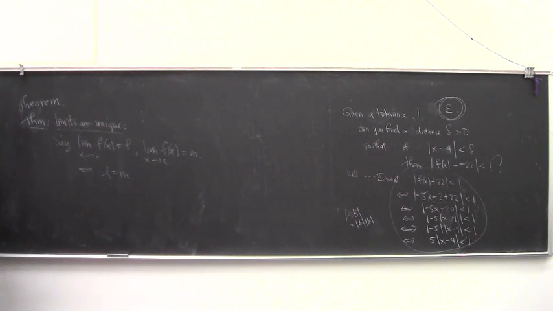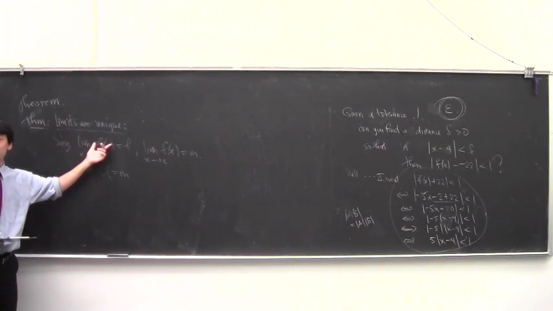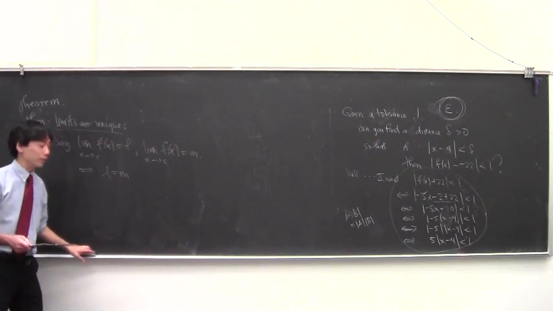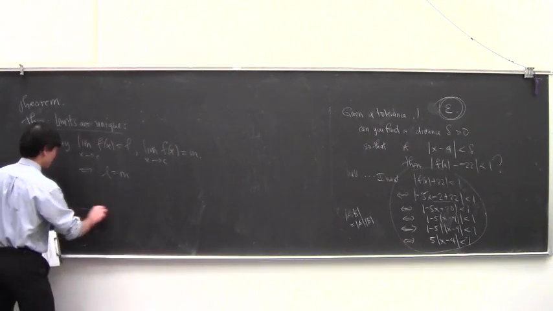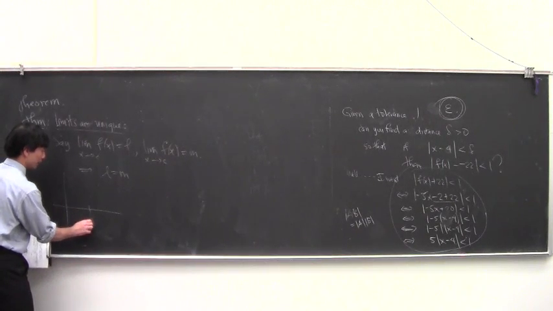Theorem. Limits are unique. So if there are two things that people claim to be the limit, they're going to be the same thing. You can't have two different limits. Let me roughly tell you why that's going to happen.